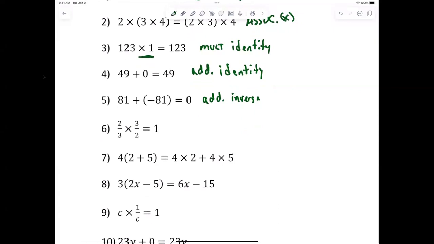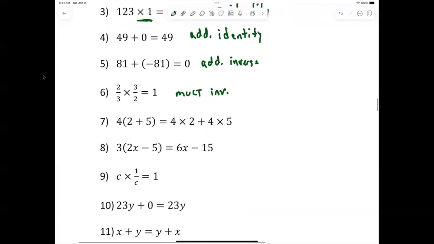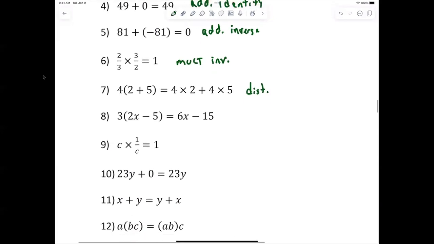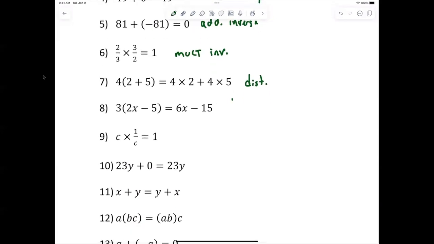Next. Miss Lupin, go. What's number 6? Multiplicative inverse is correct. Next. That's correct. Distributive property. Next. Distributive, you are amazing. Next.